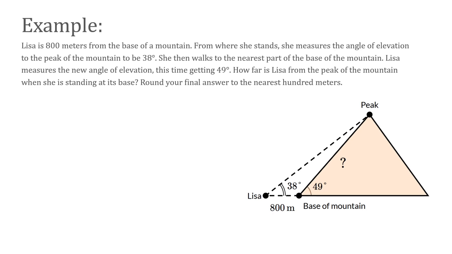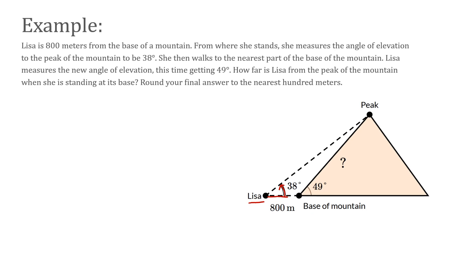Okay, so let's take a look at this picture that's given to us. We have a triangle that represents the mountain, and we have Lisa positioned at the bottom left of that image. Lisa's standing there, and she looks out at a horizontal and then looks up for an angle of elevation of 38 degrees.